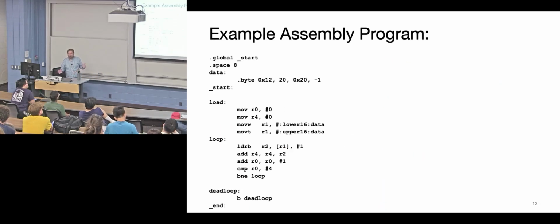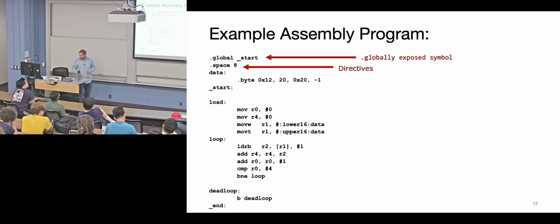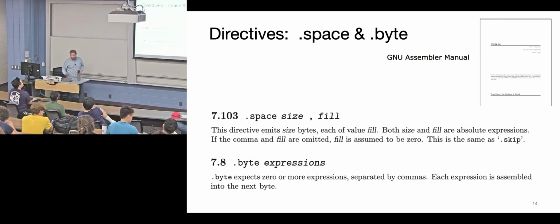Okay. So we'll go through these elements so you can see what is underneath at the lowest level, what the assembler is doing here. So you have your global start statement. This exposes the symbol globally. We have this thing called a directive, space.